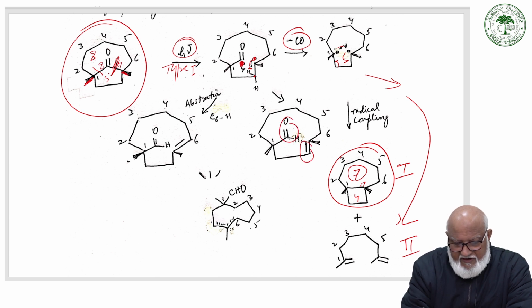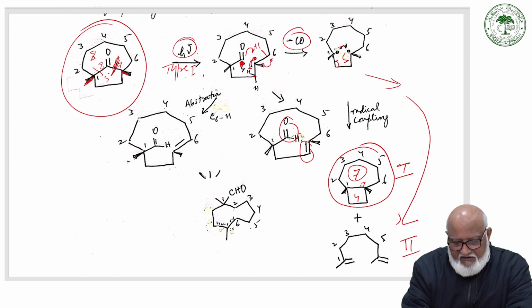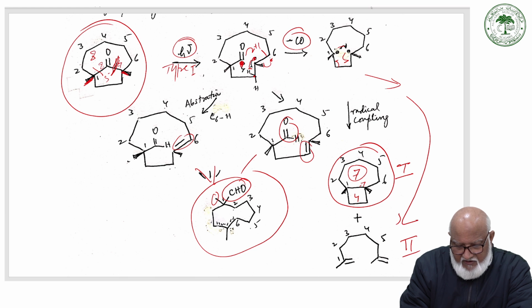It is also possible that this acyl radical may abstract this hydrogen to give a radical here, and then this radical can combine to give a double bond here. So if you write both compounds in a more decent way, it is going to be an aldehyde, and then there is a methyl group on this carbon, and then there is a double bond, which can be either on this carbon or on this carbon.